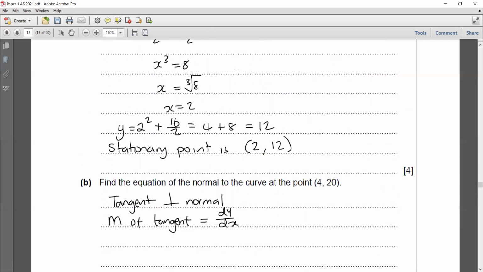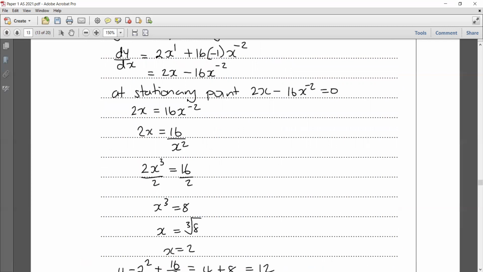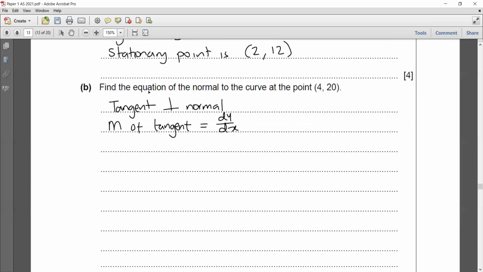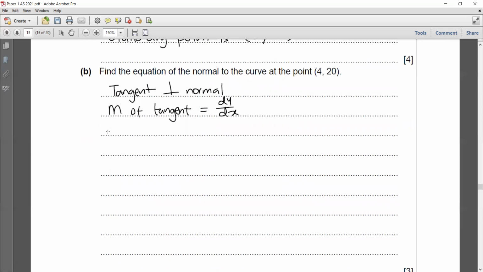And this we have already worked out over here: 2x minus 16 over x squared. So dy dx is 2x minus 16 times x to the power of -2, or write it like this.